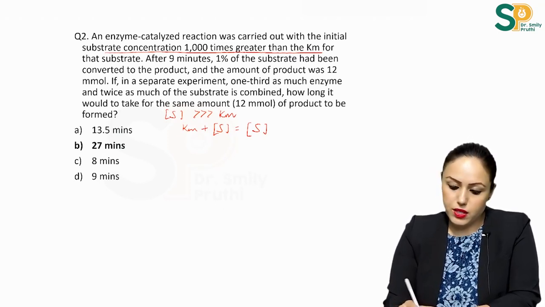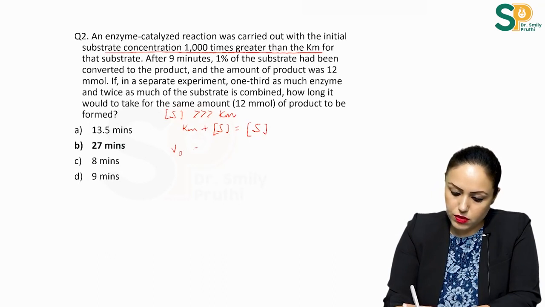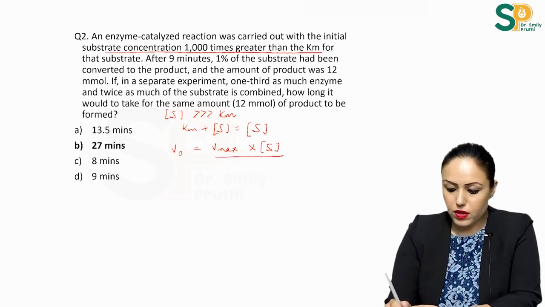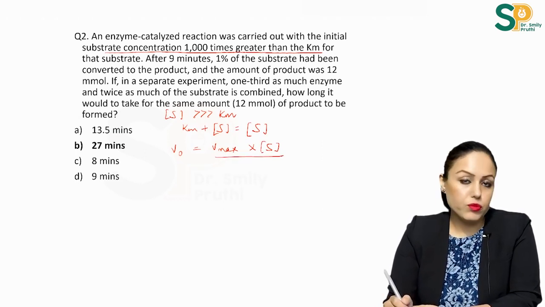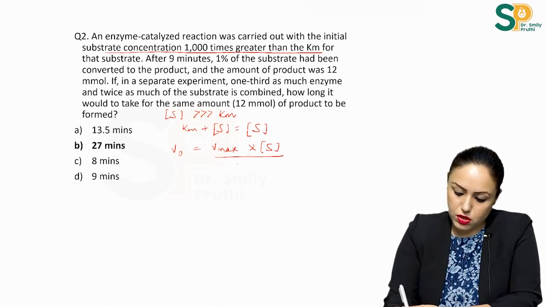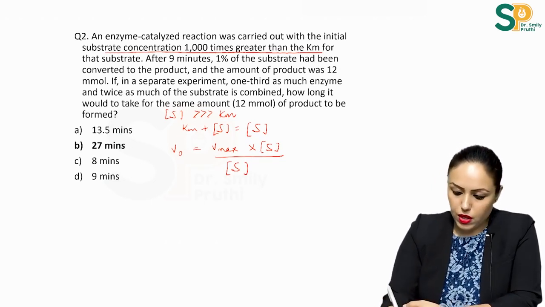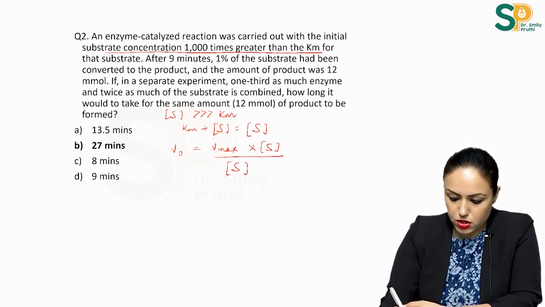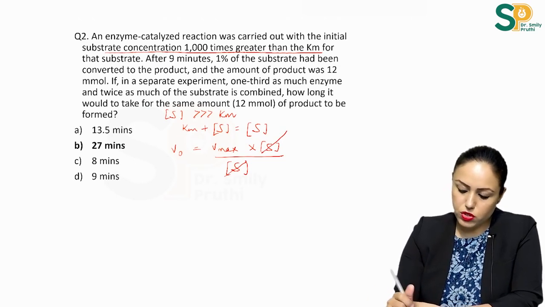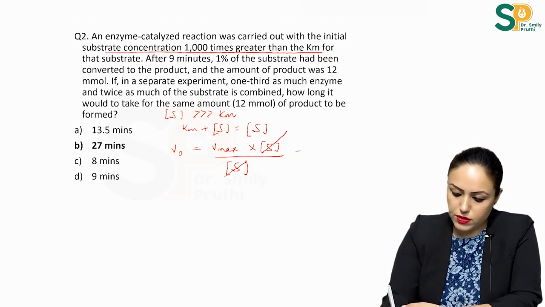So what will be the Michaelis-Menten equation here? V0 is equal to Vmax into substrate concentration divided by Km plus substrate concentration, which is equal to substrate concentration only. We can just cancel the substrate concentration, and Vmax is equal to K catalysis into enzyme concentration.